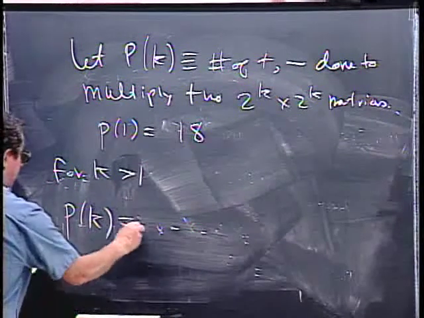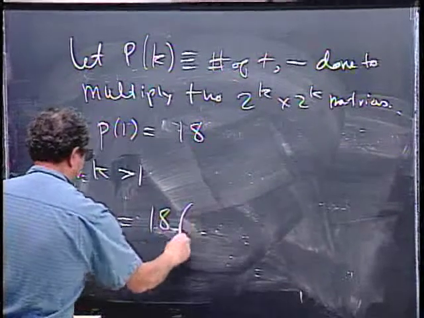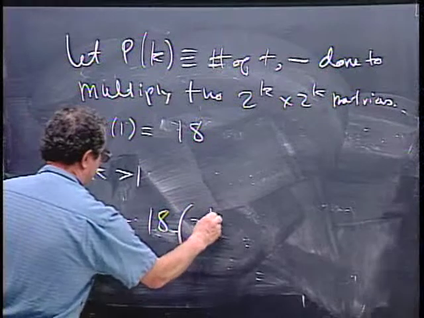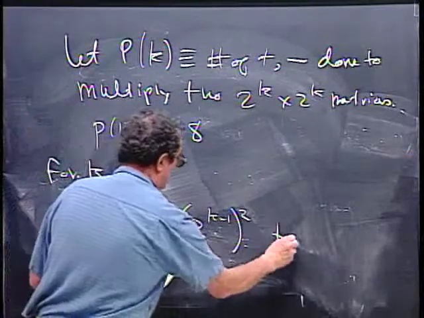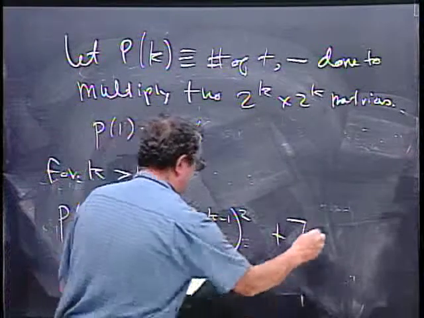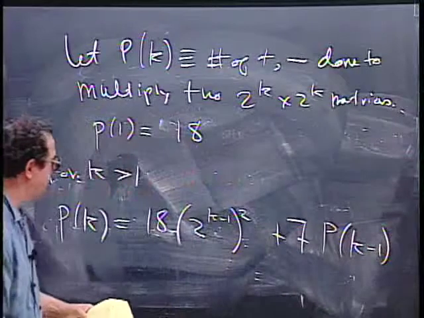P(k) is equal to 18 times (2 to the k minus 1) squared plus 7 P(k minus 1). Okay, well, where does this come from?